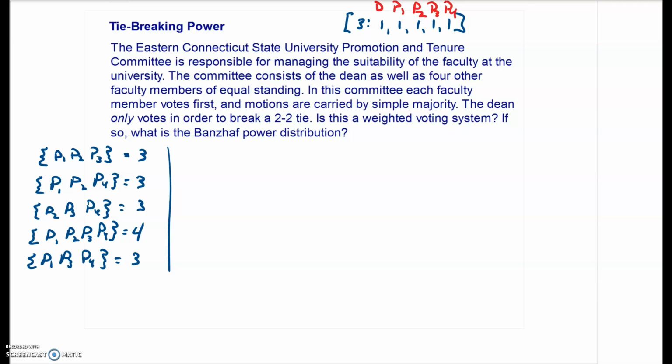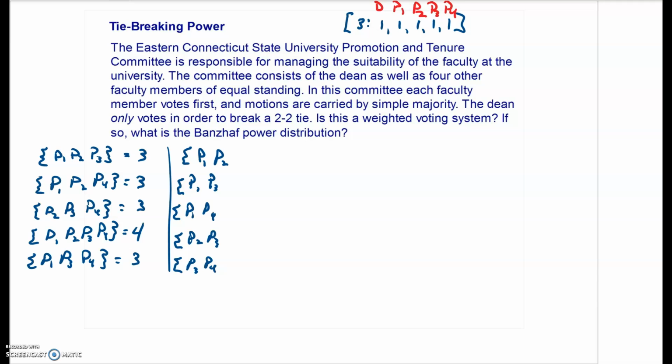Now, remember, the dean is only going to get involved whenever there is a tie. So if there is a tie, suppose player 1 and player 2 vote yes. That means 3 and 4 would vote no. Or players 1 and 3 vote yes, or player 1 and 4, or player 2 and 3, or player 3 and 4.